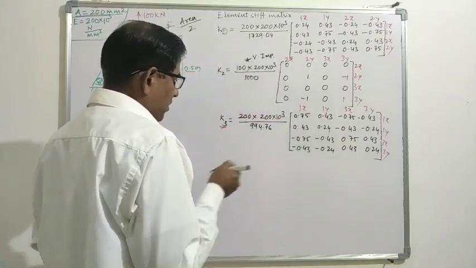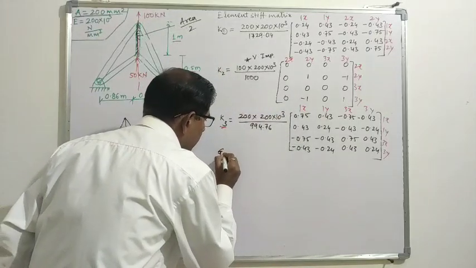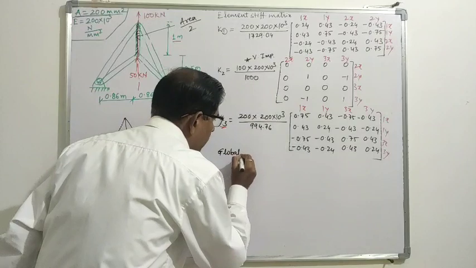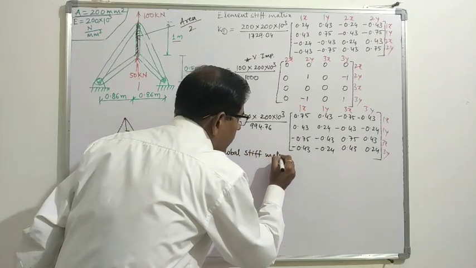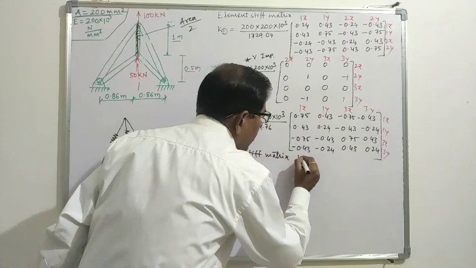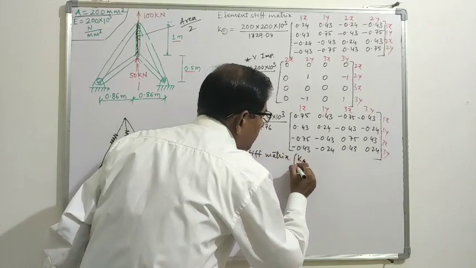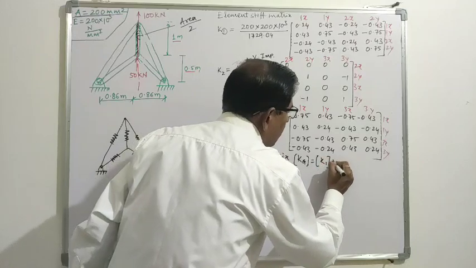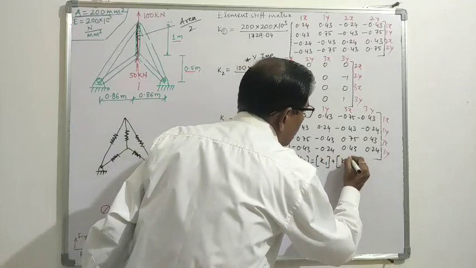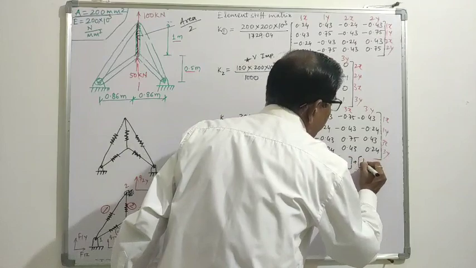So global stiffness matrix Kg is equal to K1 plus K2 plus K3.